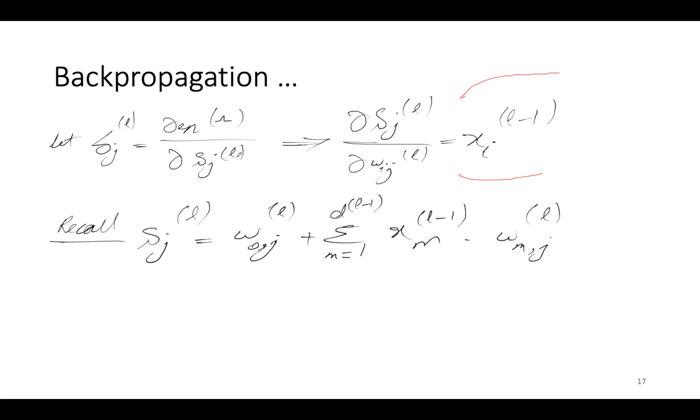And recall from the previous lecture, in order to compute a hidden layer S_j, we would have to compute the W's and the inputs of that specific layer. I mean, the weights of that layer and the inputs of the previous layer, right? In a summation. Is it clear up until here?